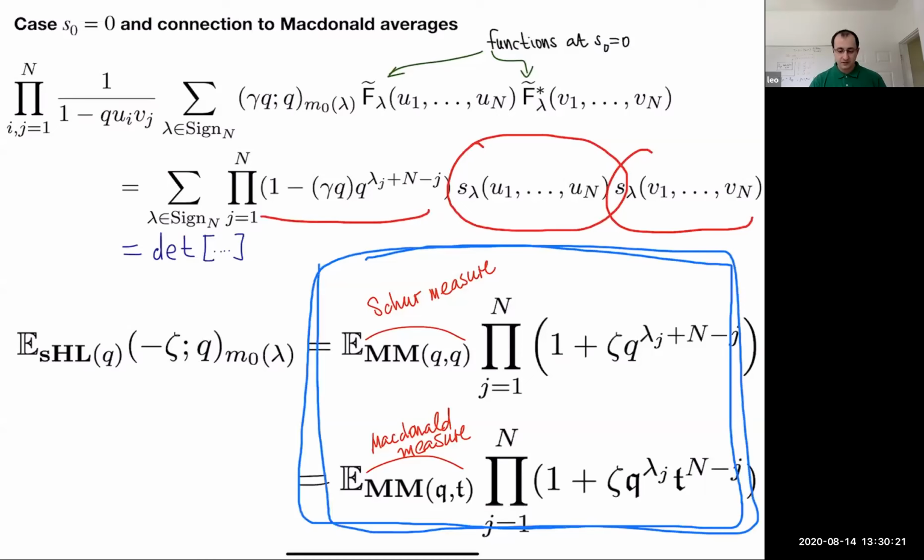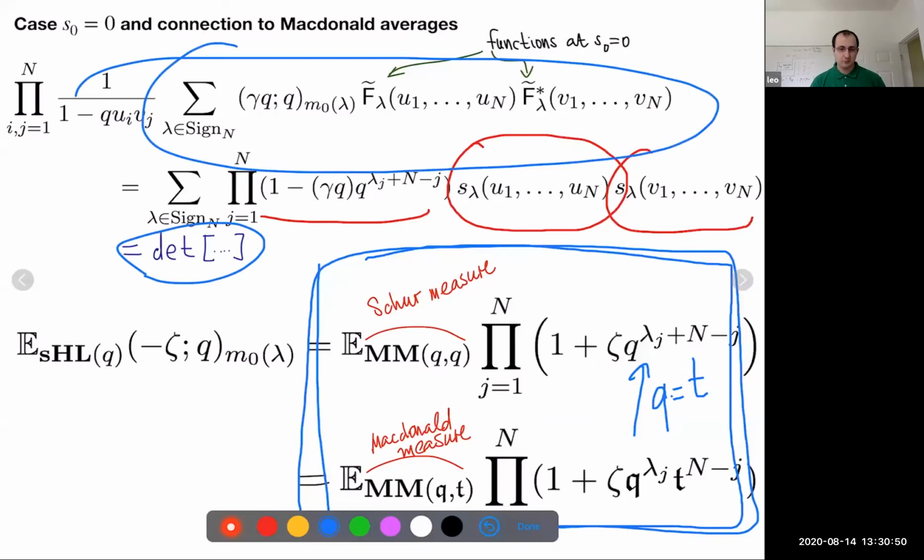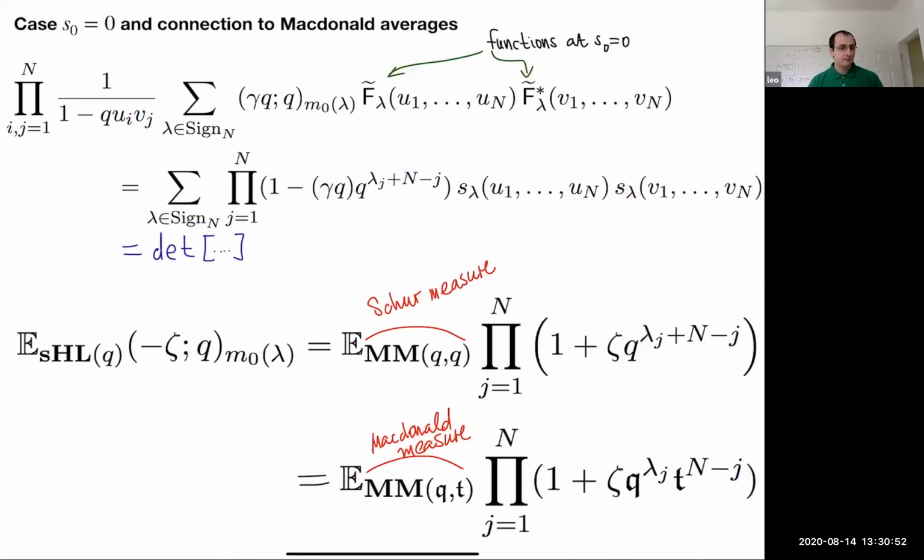It tells me that the Schur measure expectation is the same as the McDonald measure expectation, where you set q equal t to go from here to here, and then going back is the tricky part. But it turns out that a certain McDonald expectation does not depend on one of the parameters. And then what we get is that this same thing is equal to a determinant, and then it's equal to this expectation with respect to the spin-Hall-Littlewood measure as well.